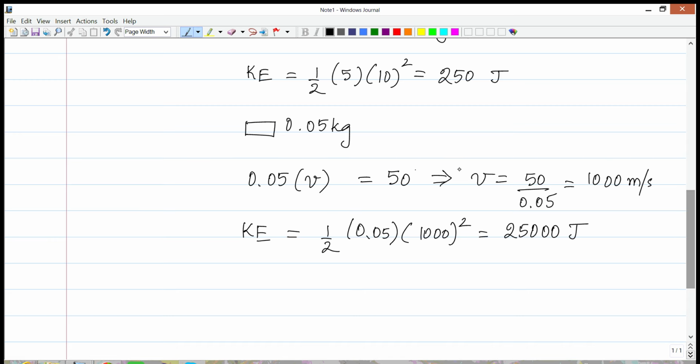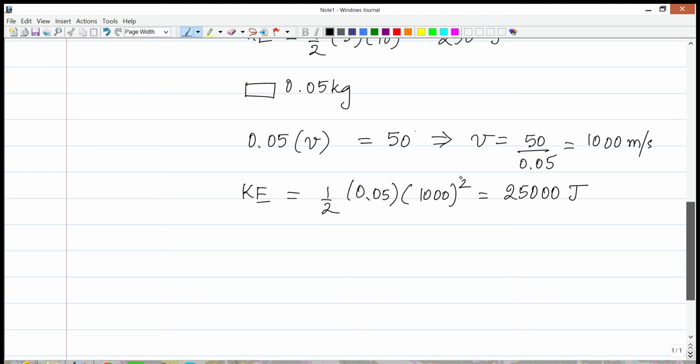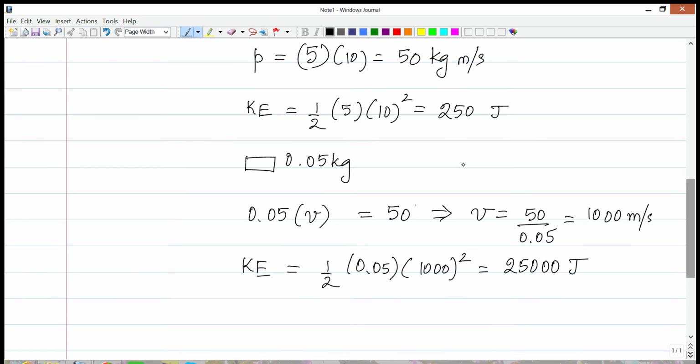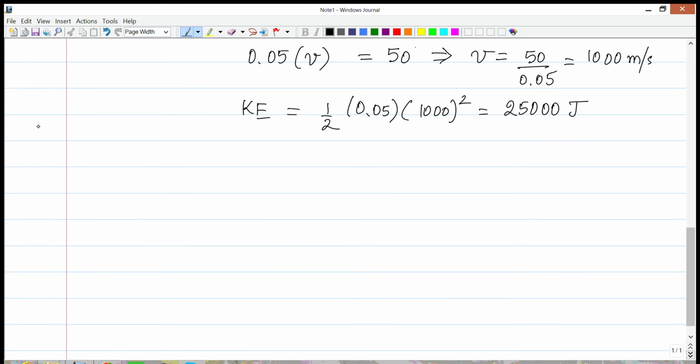So when we discuss problems like that, it'll make a lot more sense, but just keep that in the back of your minds. Alright, so we can have two objects with the same momentum but different kinetic energies. Let us very quickly obtain a simple expression that relates momentum to kinetic energy, or if you're given the momentum, how to find the kinetic energy. We know from definition that P equals mv, which implies that the speed is equal to P divided by m.